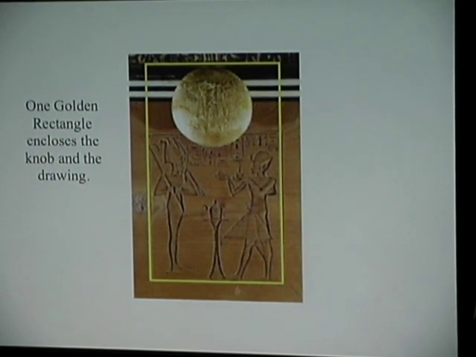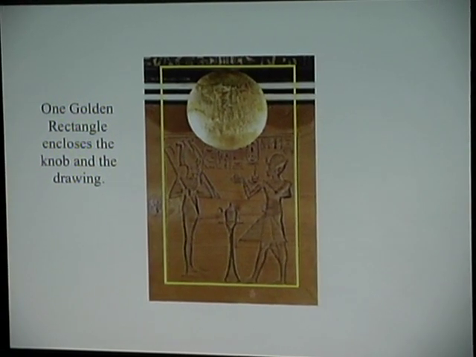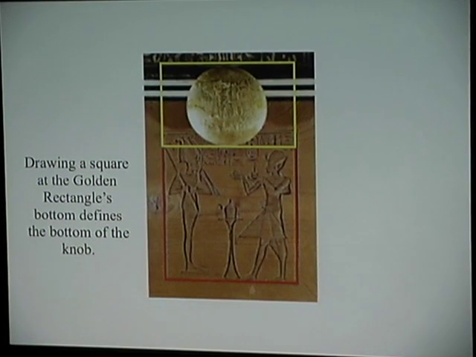One golden rectangle encompasses that picture with the knob. And so if we lop a square out of the bottom of that, it shows us how large the knob should be to fit into this harmonious visual proportioning.